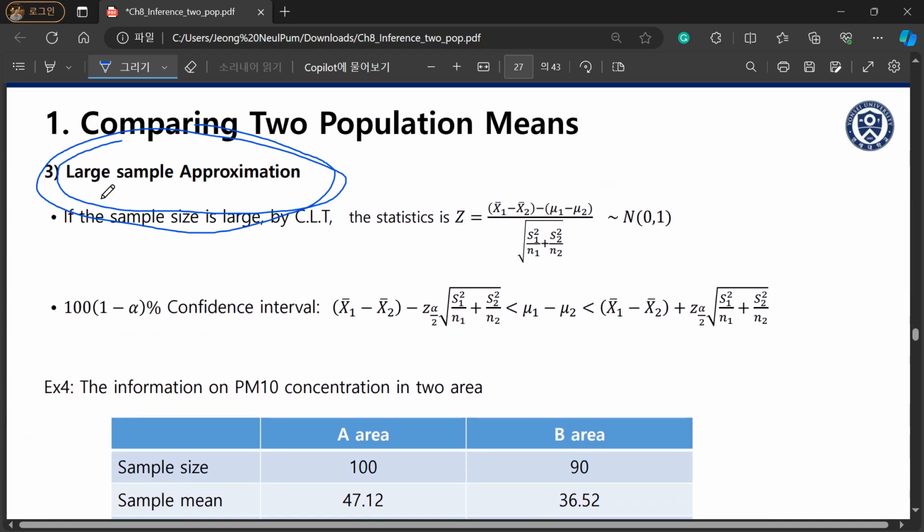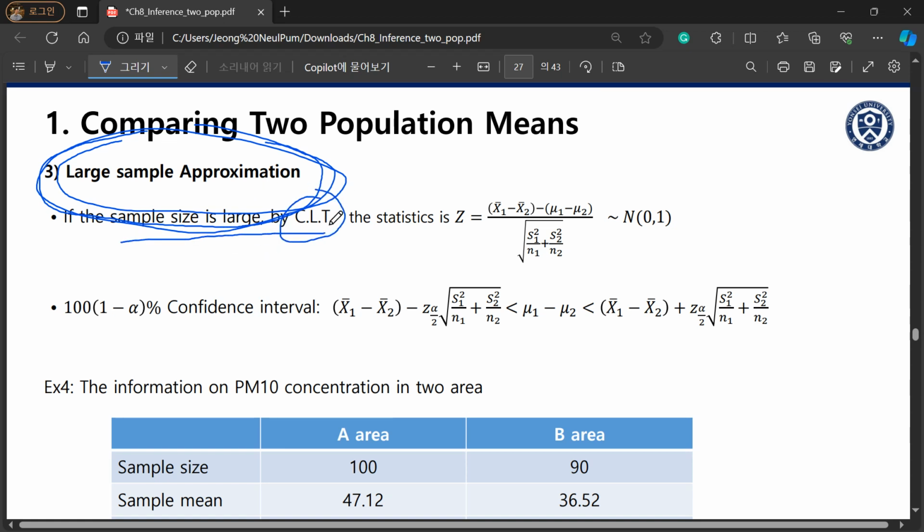And we already know that if we are not sure that our sample comes from the normal distribution, but the sample size is large enough, we can use the CLT, the central limit theorem.